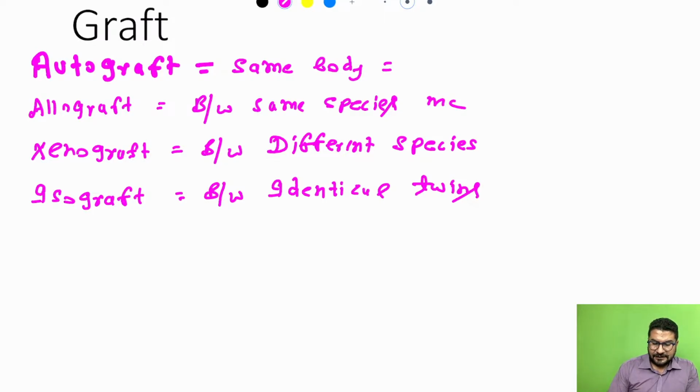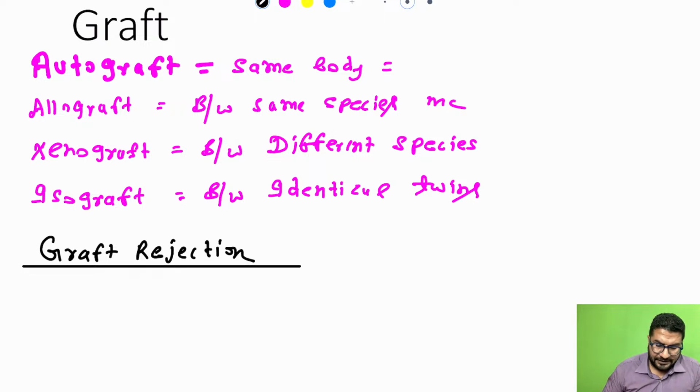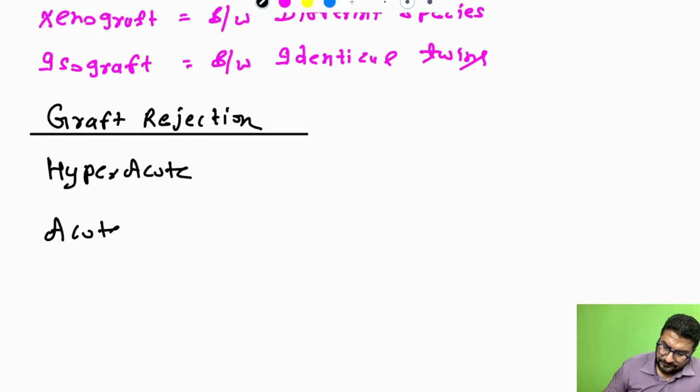Now they ask you questions in exam like what are the different types of grafts. So we have two diseases which you have to remember. आपसे क्वेश्चन पूछते हैं graft rejection से. So understand graft rejection, it could be hyperacute, acute rejection, or chronic.